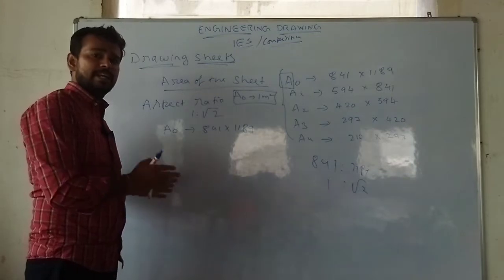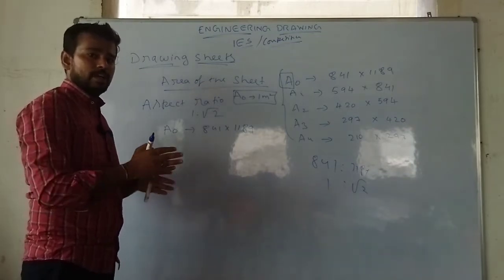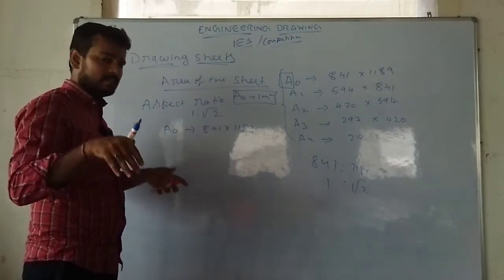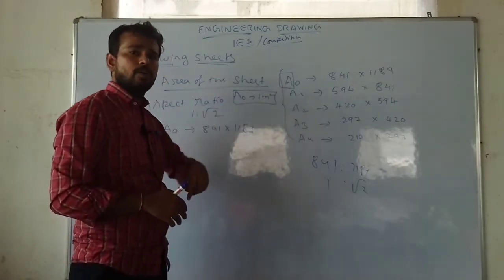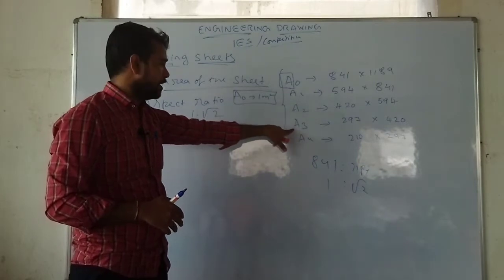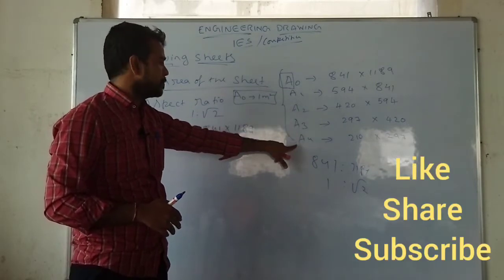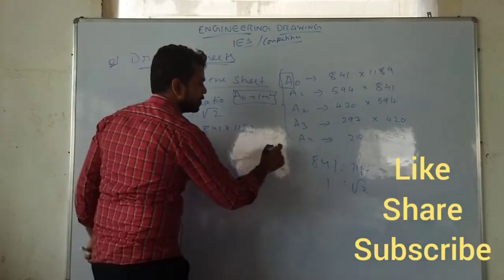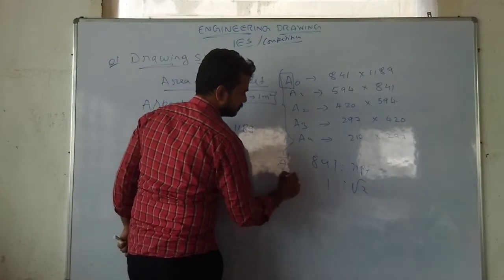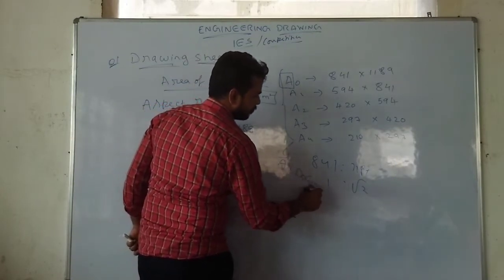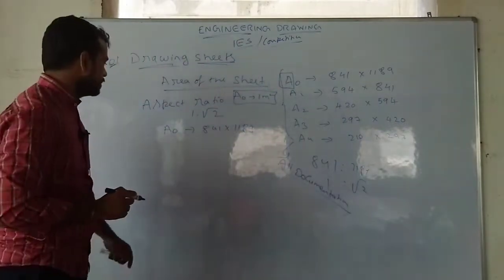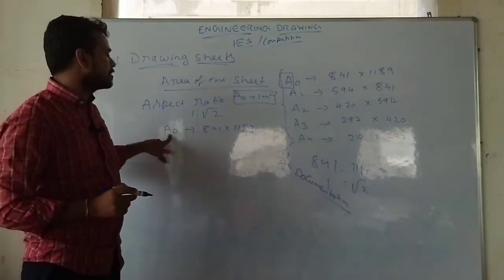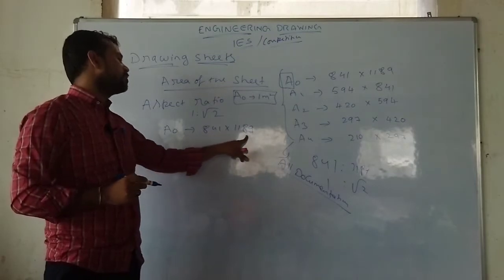Civil engineers drawing building plans and elevations need an A0 sheet, and A2 is our regular drawing sheet. A3 is typical, and A4 is for all documentation purposes.